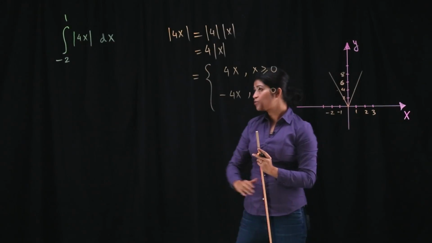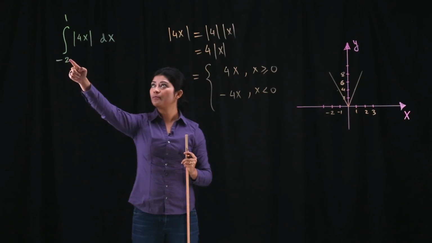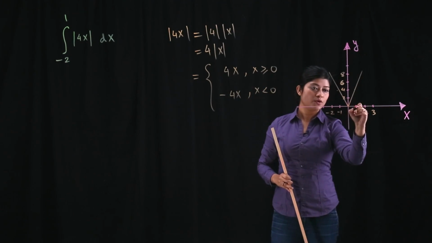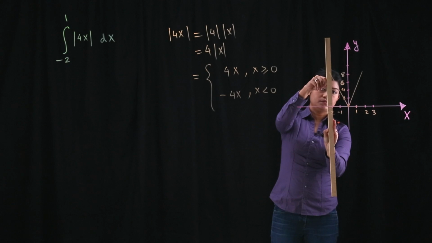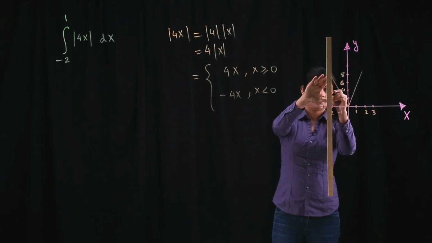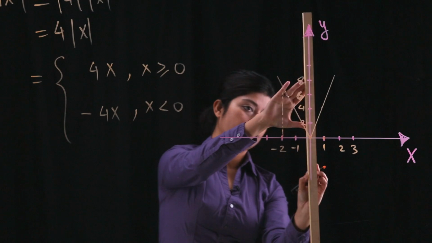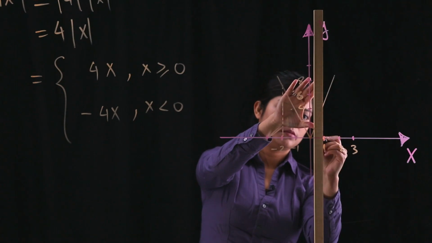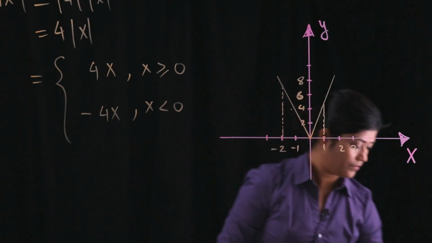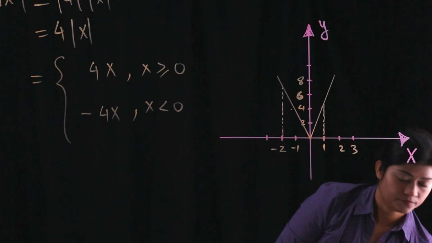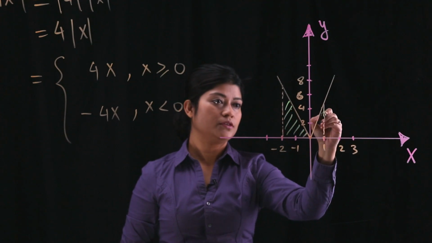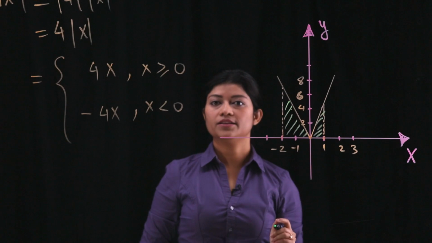Okay, now notice which area we have to compute: from -2 to 1. So the area will be between -2 and 1. This is the area of a triangle and this other area.